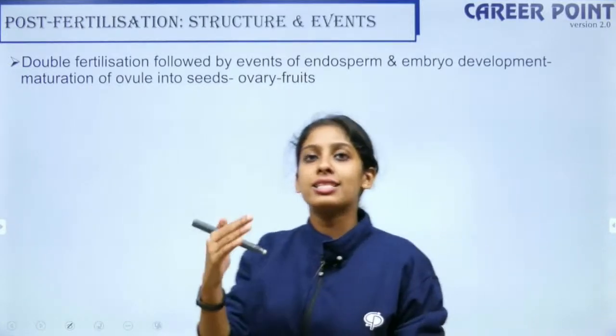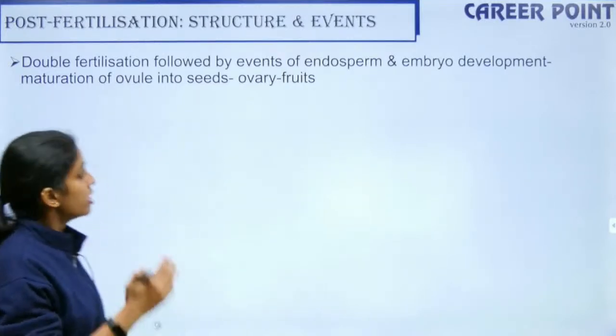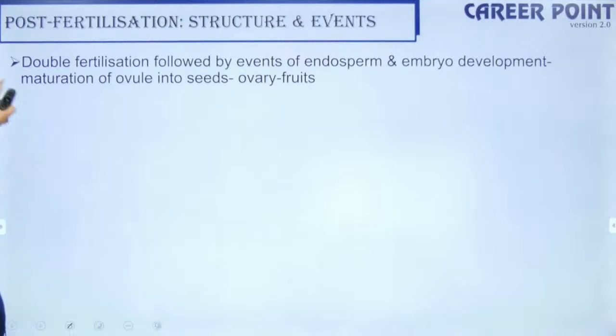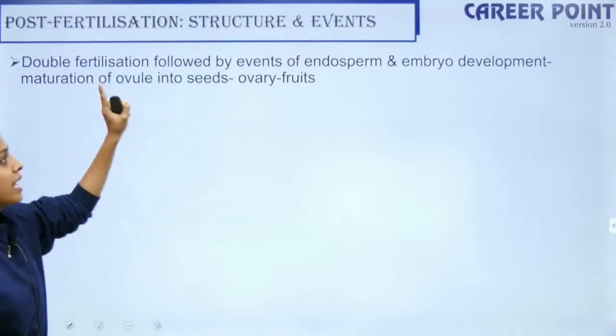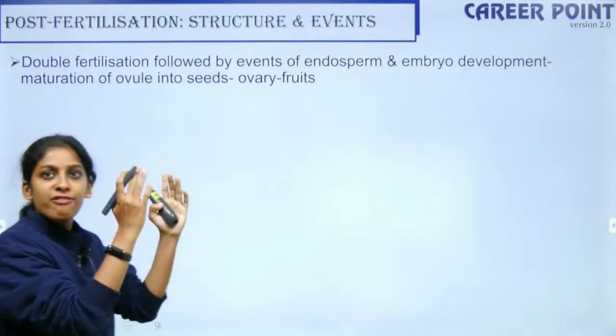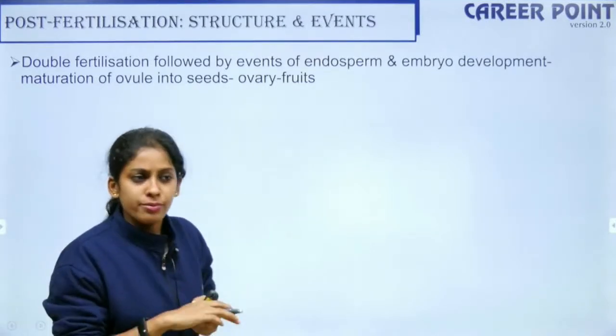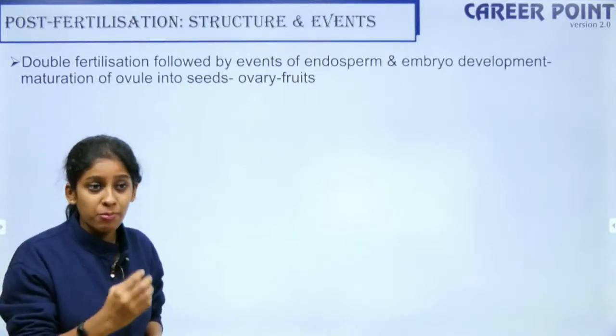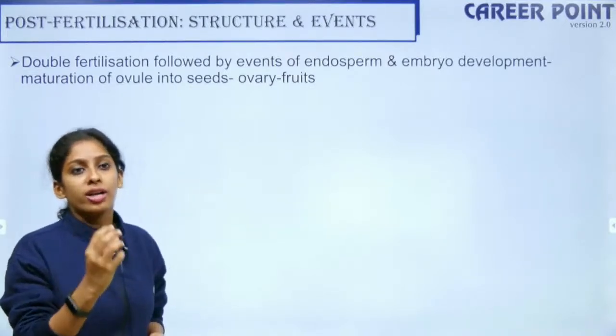Now after fertilization, what is going to happen? That is post-fertilization structure and events. So double fertilization is followed by the events of endosperm and embryo development. So now we have the primary endosperm cell. So we are going to talk about how this endosperm is going to develop and how the embryo is going to develop.